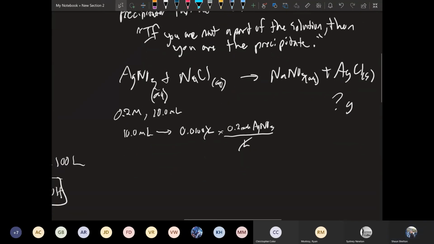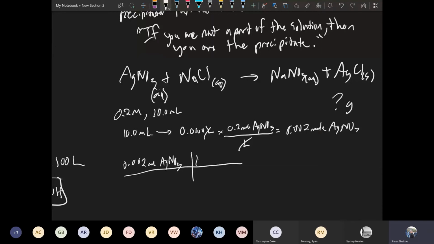So 0.01 times 0.2 gives me 0.002 moles of AgNO3. Now we're going to take our 0.002 moles of AgNO3 and use the mole ratio. So it's 1 mole of AgCl for every 1 mole of AgNO3. That gives you the same number here.